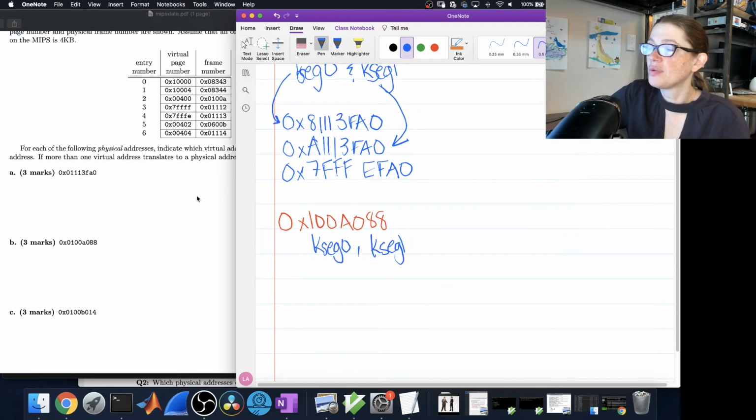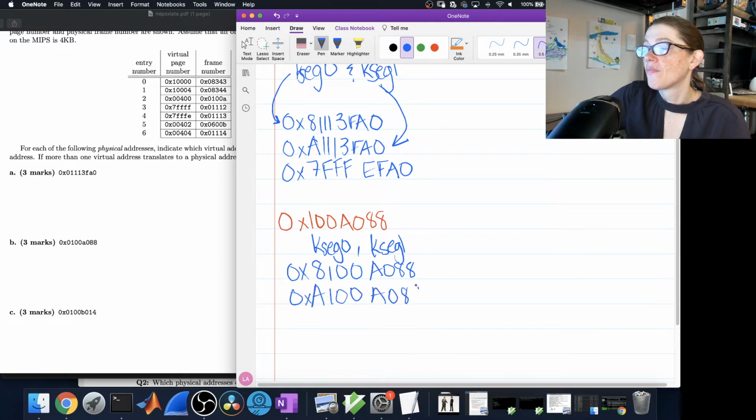And so I'm going to write those ones out. So we have, again, we're adding our offset instead of subtracting because we're going the opposite direction. So there's my KSEG0 and there's my KSEG1 address.